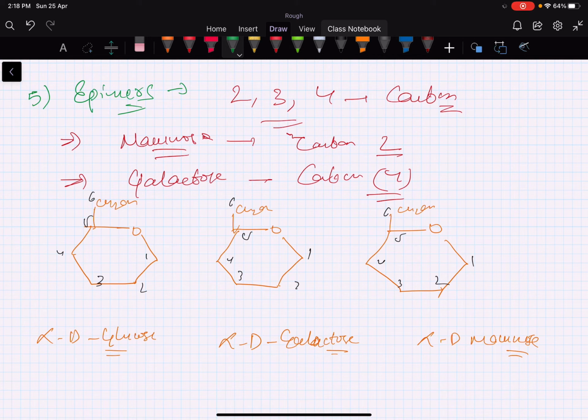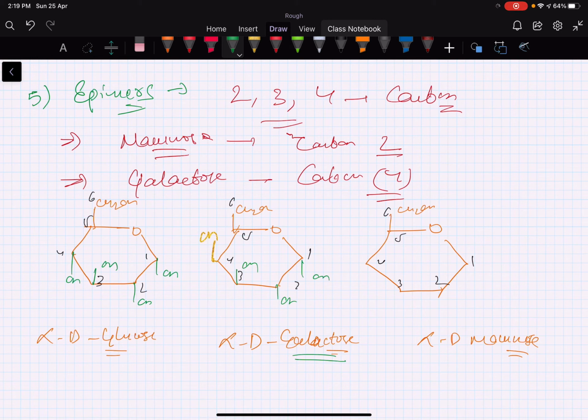Glucose will have OH, OH, OH, and OH. Galactose differs from glucose in the position of H and OH at carbon number 4, so carbon number 4 will have OH. Let me draw it with a different color. Then here you will have OH, OH, and OH.